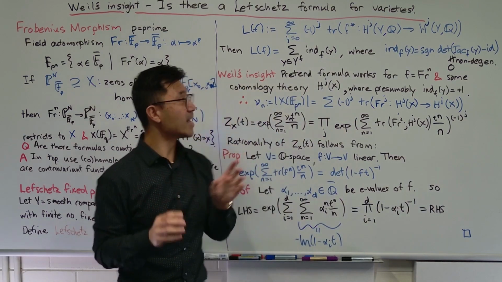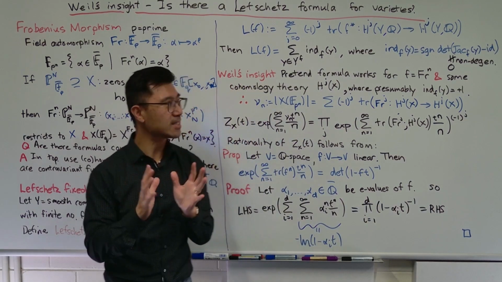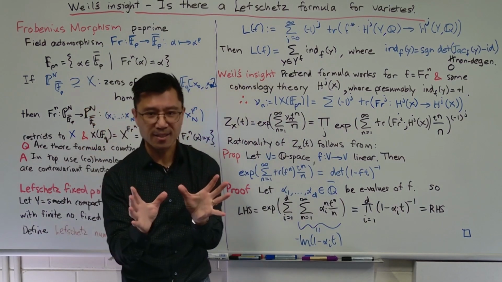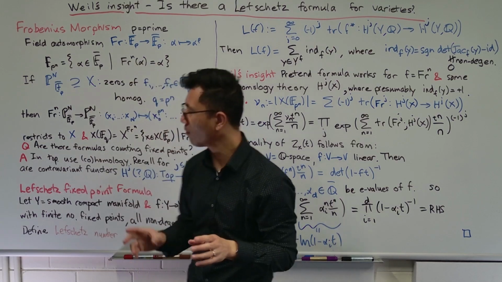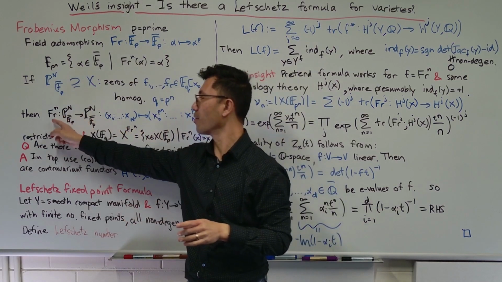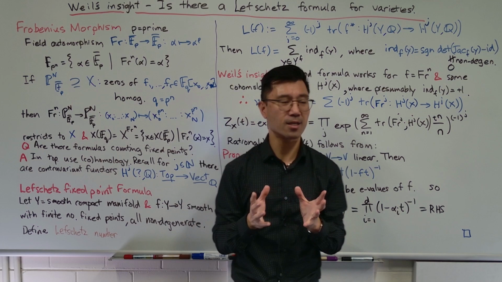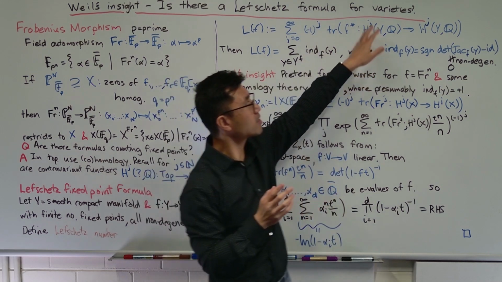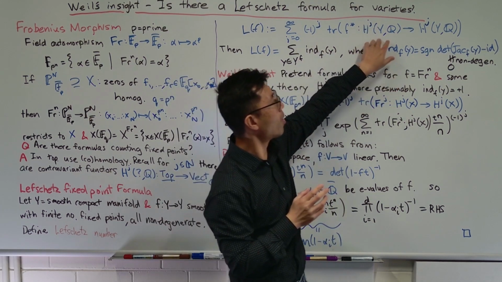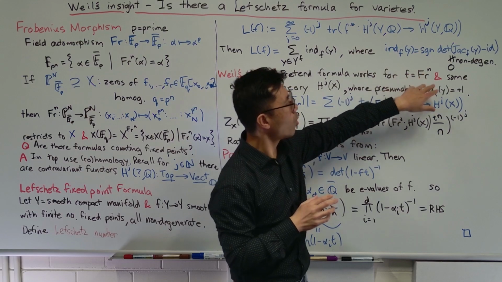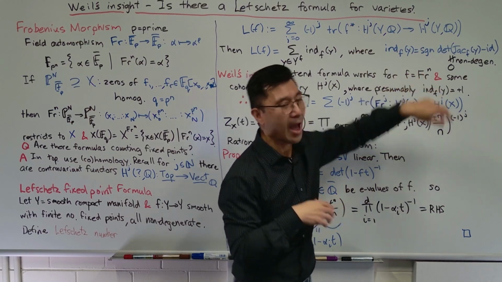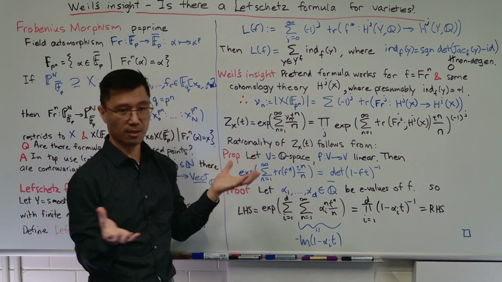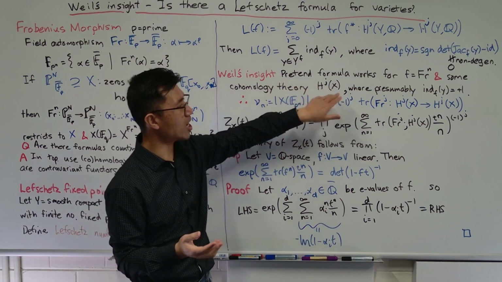Okay, so what was Weil's insight? Weil said, let's just pretend that this works for F equals the nth power of the Frobenius. For this to work, of course, you have to have some sort of definition for the cohomology. So it's going to work for this map, and for some cohomology theory, and we'll just denote it H^j(X).